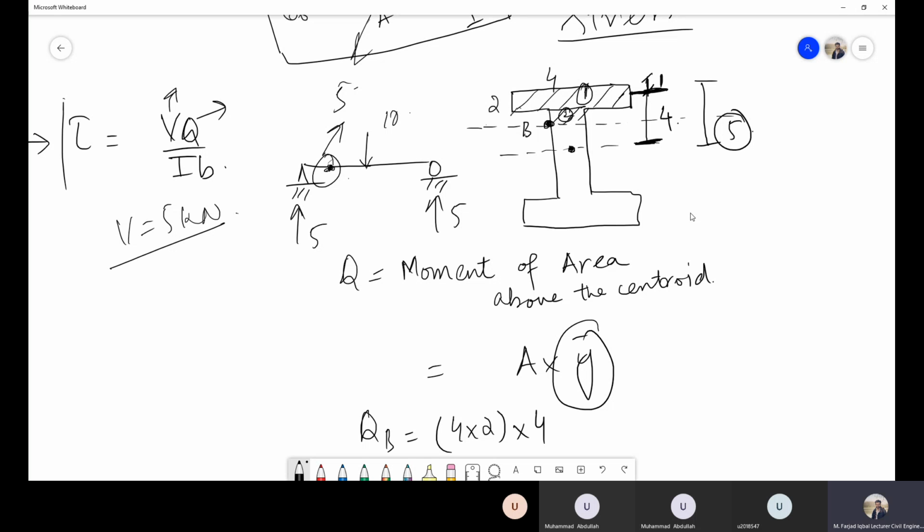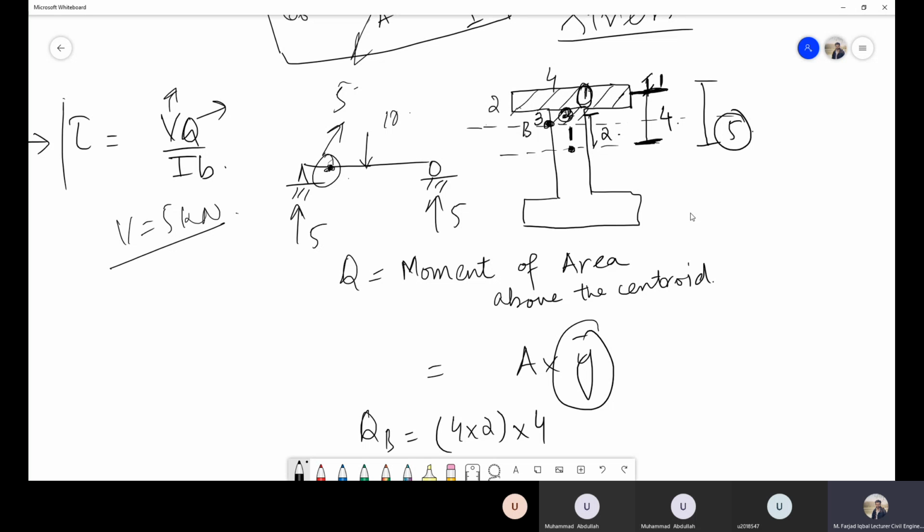So QB will be, I have calculated Q for this particular area, but I have this small area as well. So let's suppose this distance is, let's call it 2. I'm just assuming the values. These are not the final values. This distance, if it is 1, and this distance, let's call it 3.